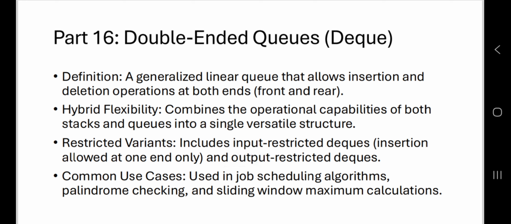Moving on to part 16, let us look at the double-ended queues or the deques. So a deque is a generalized linear queue that allows insertion and deletion operations at both ends, front and rear. It acts as a hybrid flexibility structure combining the operational capabilities of both stack and queues.